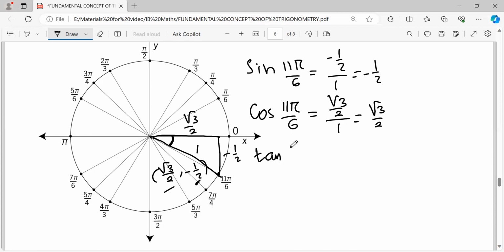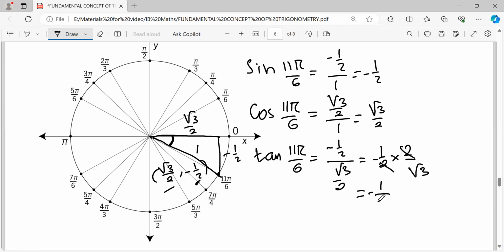Tangent 11 pi over 6 is this number over this number, negative half over square root 3 over 2. It becomes negative half times 2 over square root 3. Cancel. It becomes negative 1 over square root 3, or negative 1/3 square root 3.